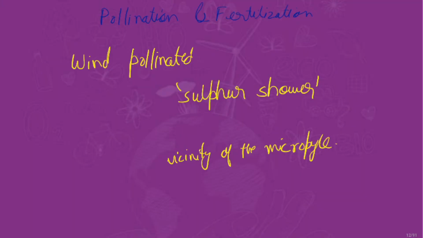At this stage, the ovule secretes a drop of sugary liquid, the pollination drop, which fills the micropylar cavity and exits out at the flared tips of the integument.